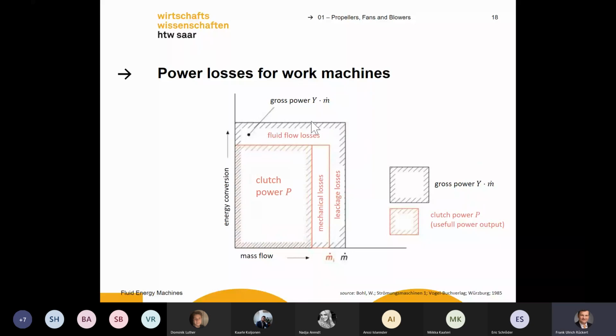Of course, we can have fluid losses. For example, if the design of our propeller is not really good, we have a lot of turbulence and fluid losses. So the design of propellers or fans is really important. And we can have leakage losses. The leakage losses happen, for example, at the gap between the propeller and the duct.